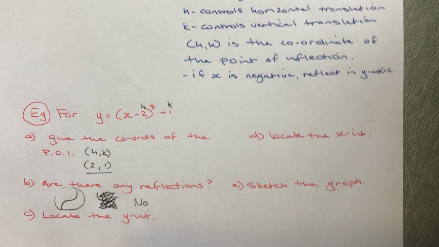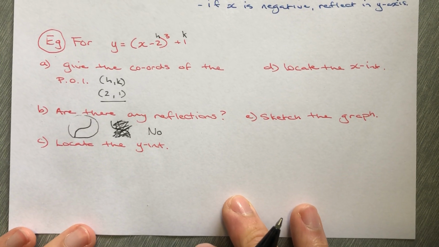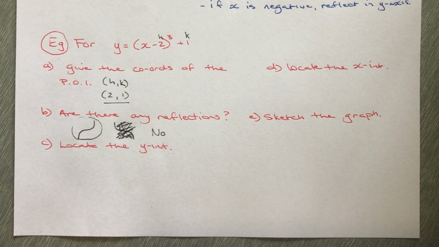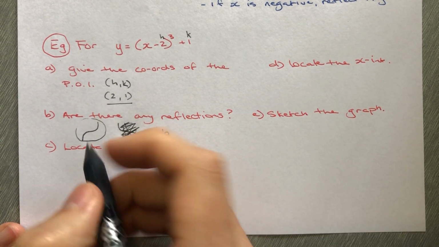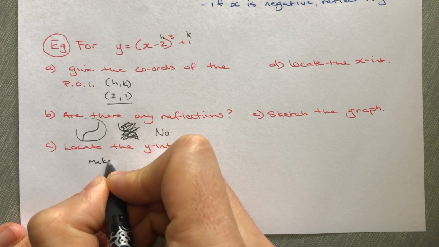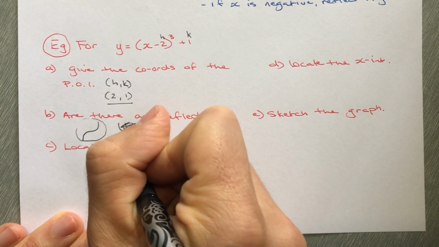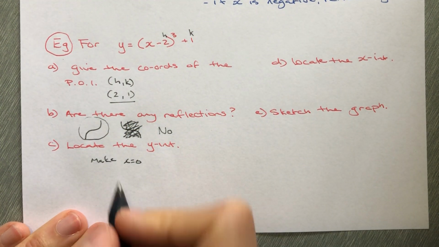Okay. Now, the next thing we need to do is find out where the y-intercept is. You guys already know that with any graph, to find the y-intercept, you just make x equal 0. So we're going to do the exact same thing here. Make x equal 0.